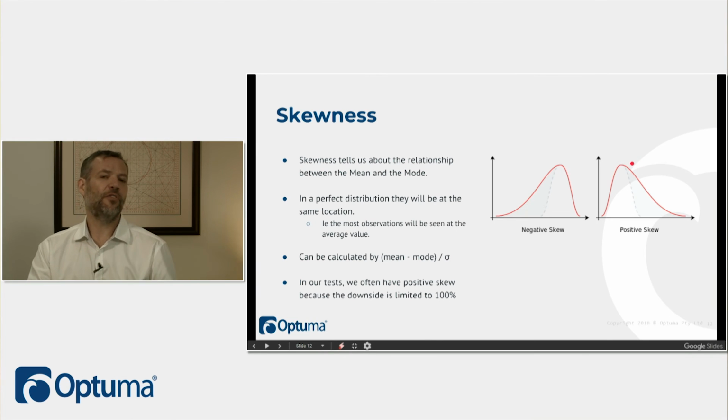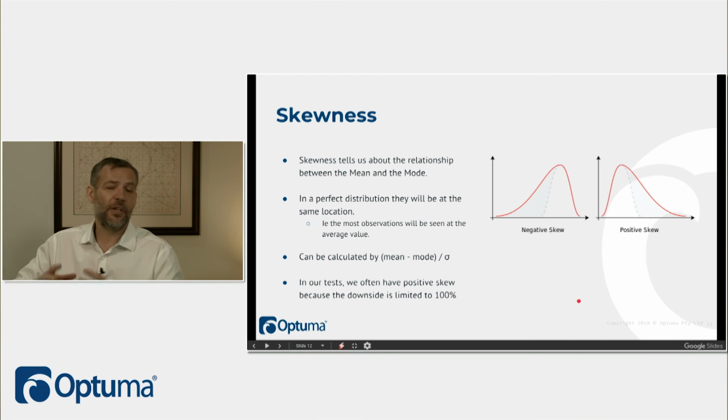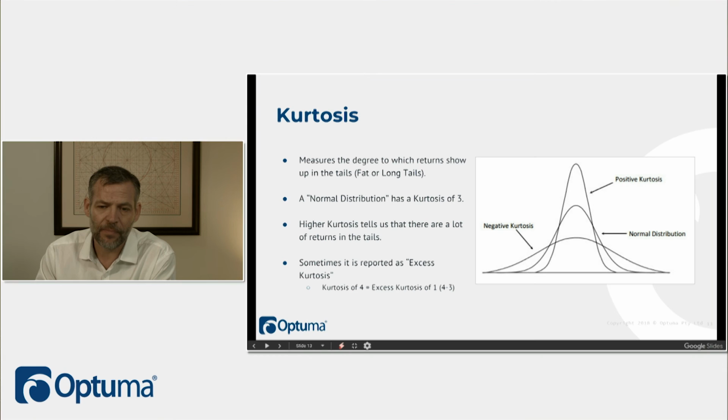We say that's positive skew. When it comes to finance, it's not that one is better than another; it's just something we need to be aware of. The calculation of the skewness number is the mean minus the mode, divided by the standard deviation. In our tests, we often have positive skew because our downside is limited to 100% loss, but upside is unlimited.